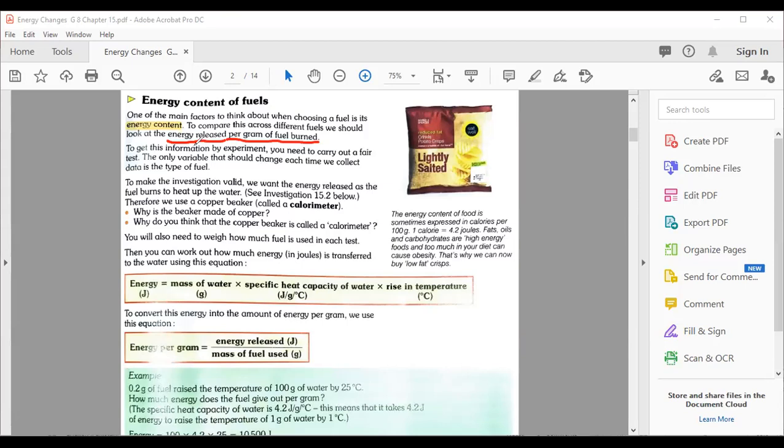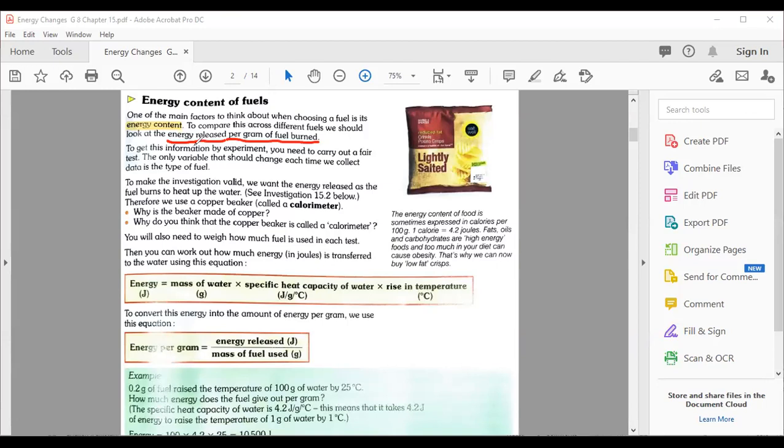It is a little bit interesting for you to know how we are going to calculate the amount of energy that is released.